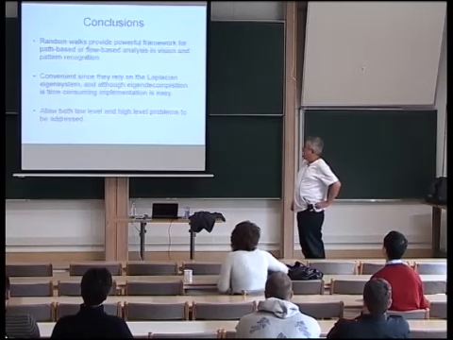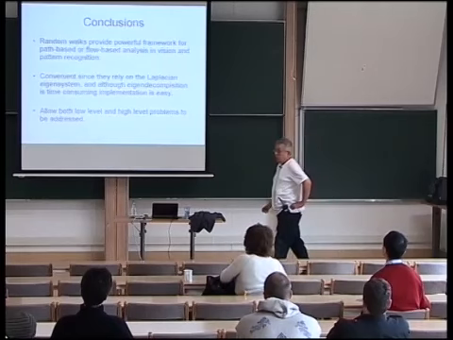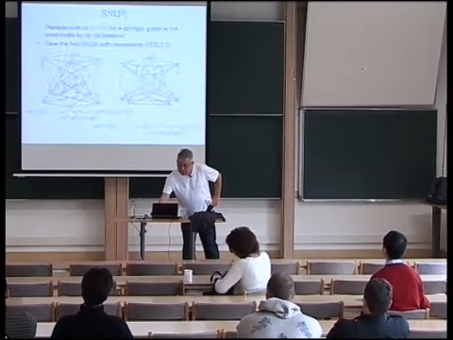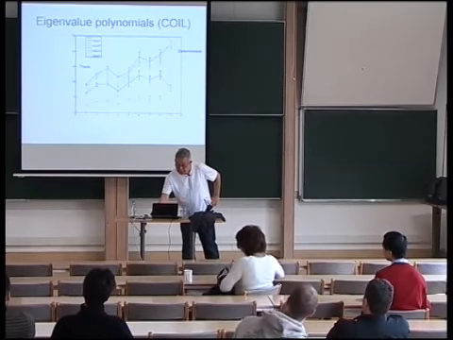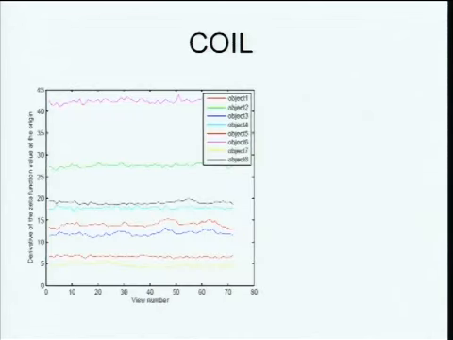We have done some experiments. Once the node number starts to be very different, then you start to run into problems. But if I go back to the slides here, the COIL database, for the objects we were dealing with, we were probably getting something like 10% variance in node number across the views.